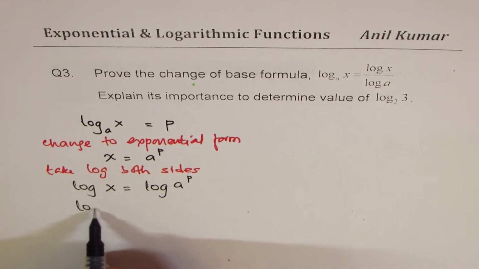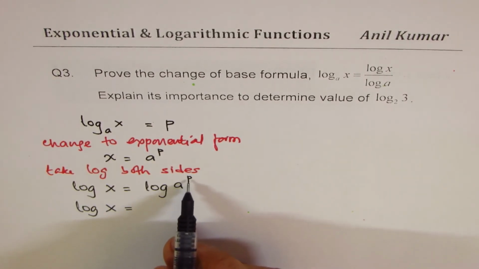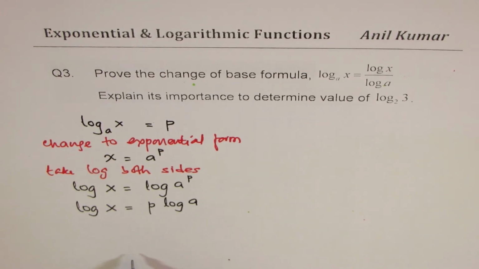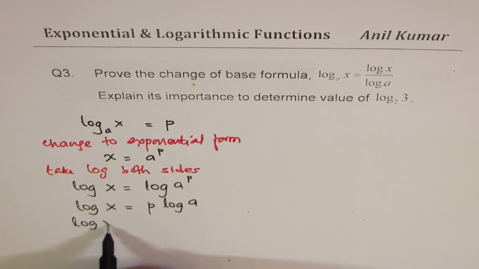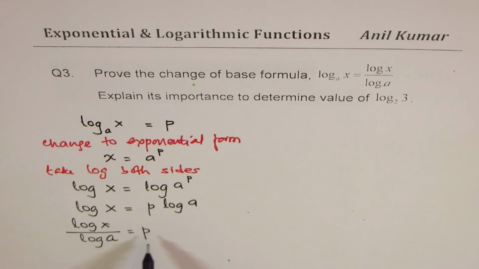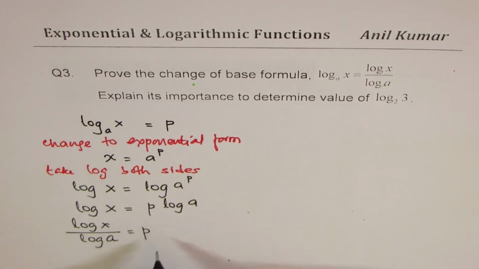Now applying the power rule, we get log of x equals p times log to the base 10 of a. So what is p equal to here? p will be equal to log of x divided by log of a, right? That is p.